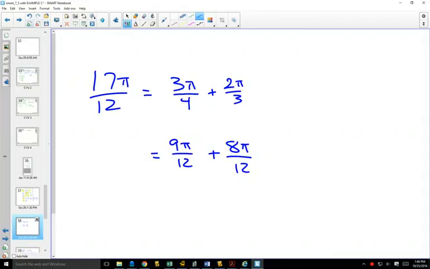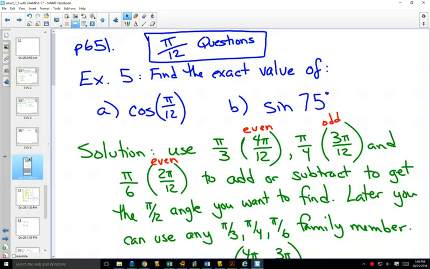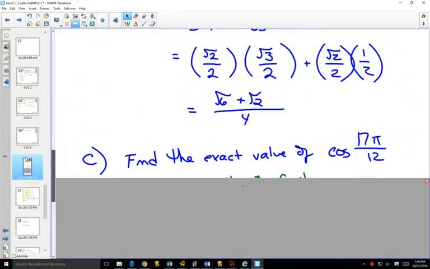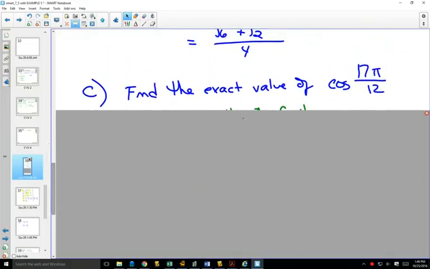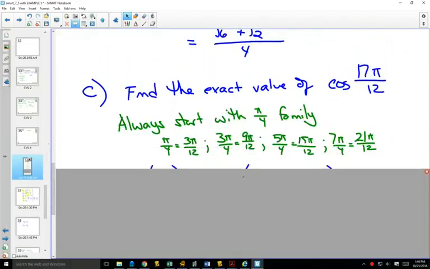So on these pi over 12 questions, we always need to start with a pi over 4, and you can choose any pi over 4 that you would like. So if we go back to our notes here, always start with a pi over 4.